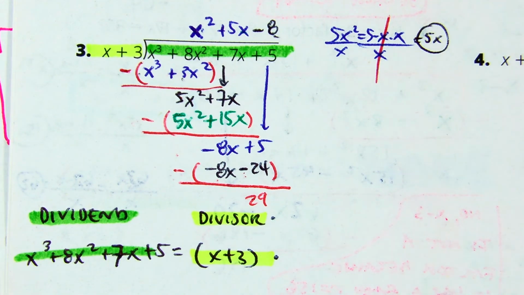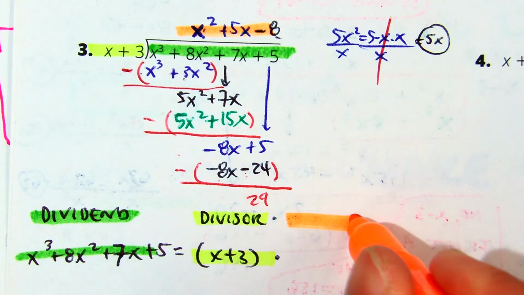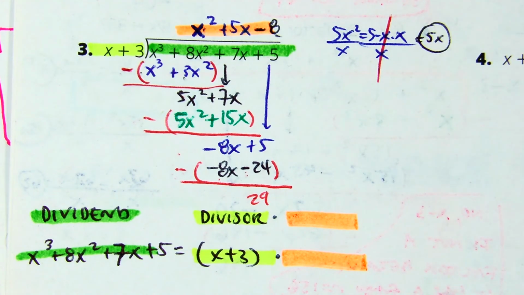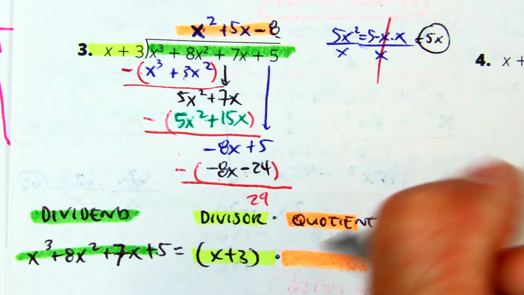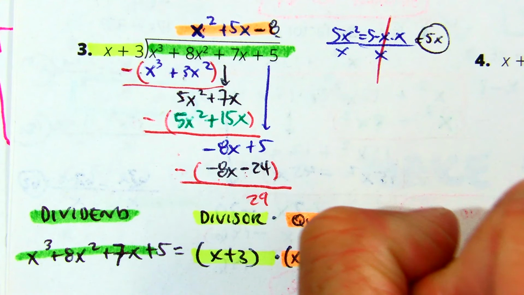Quotient is the answer. Put your finger on the answer. What's this one? Quotient's on the top. Put those in parentheses: x squared plus 5x minus 8.